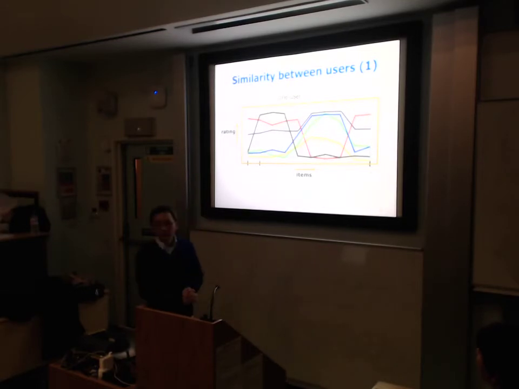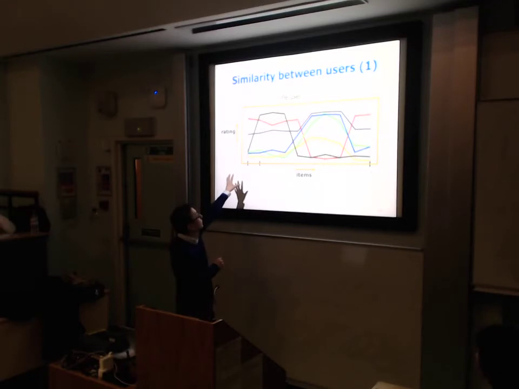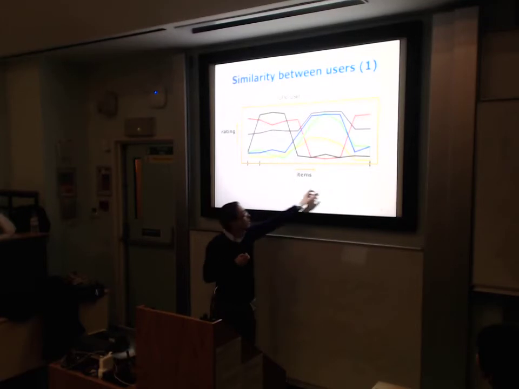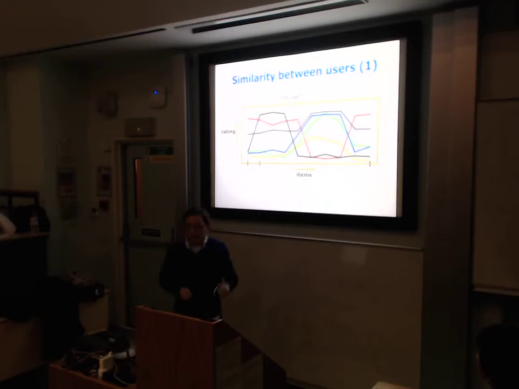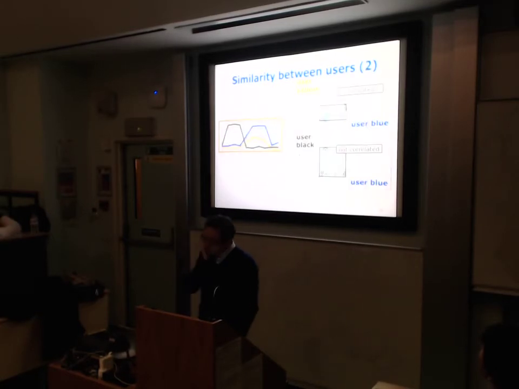If you plot these user ratings against items, let's say each curve in this graph is a single user. Therefore, you will have a different pattern in terms of the ratings across users.